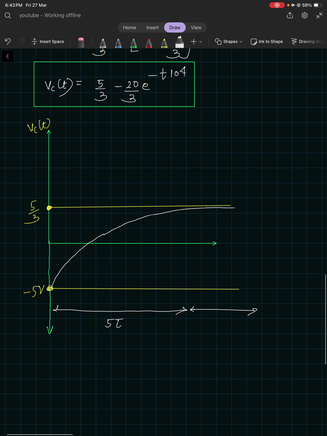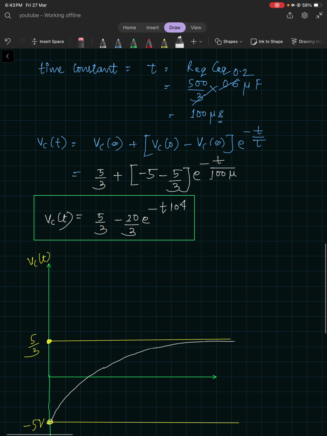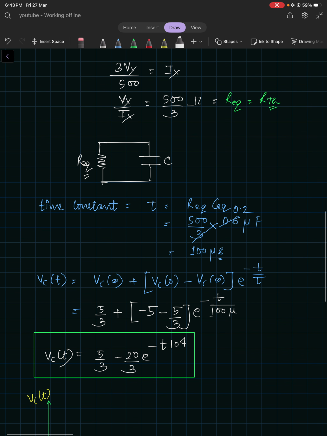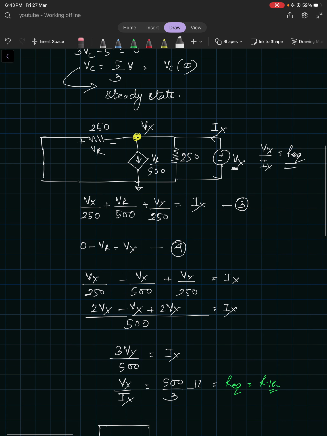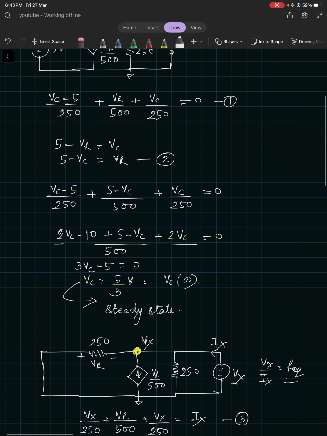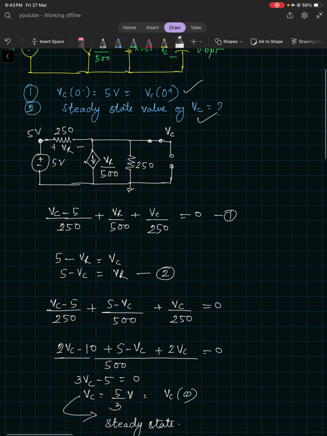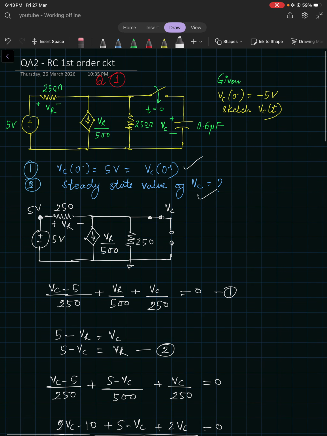If it is second order, you cannot say, because in second order the dynamics is different. There are overshoots and undershoots, so you need to know whether it is critically damped, over damped or under damped. But as you know, this is a first order circuit, so using the initial condition and the final steady state value, I can directly draw it.